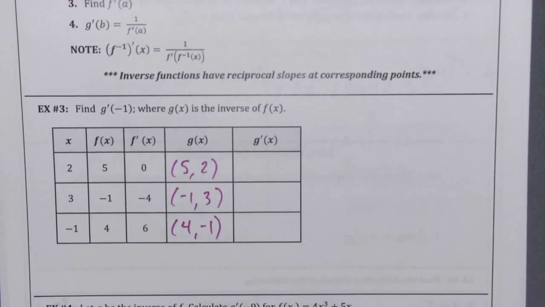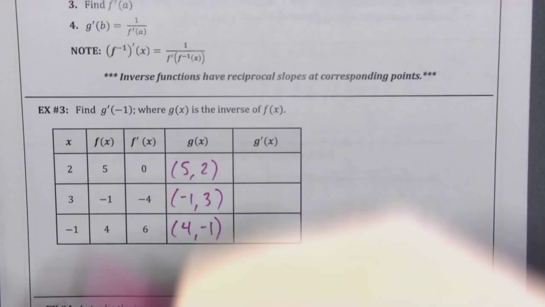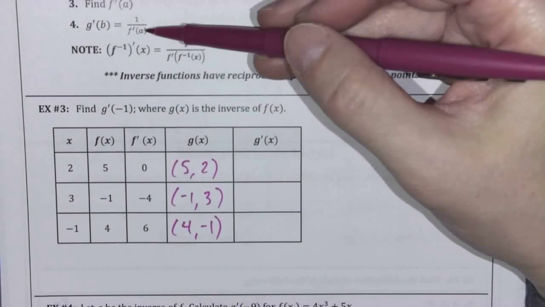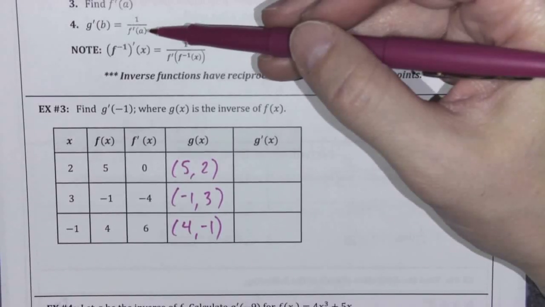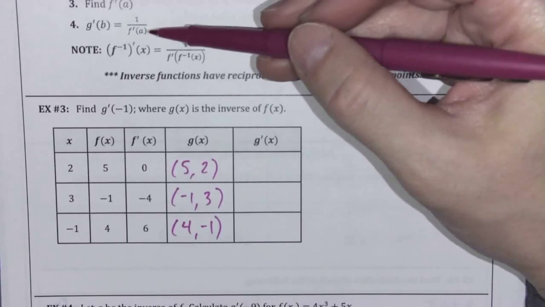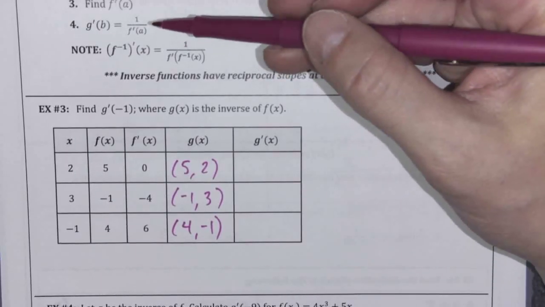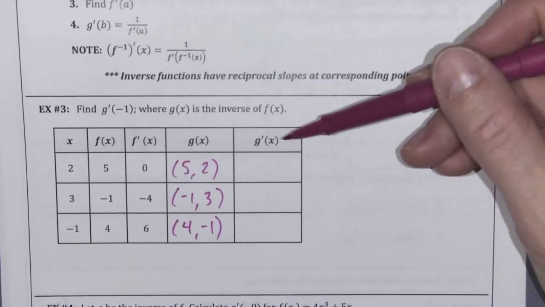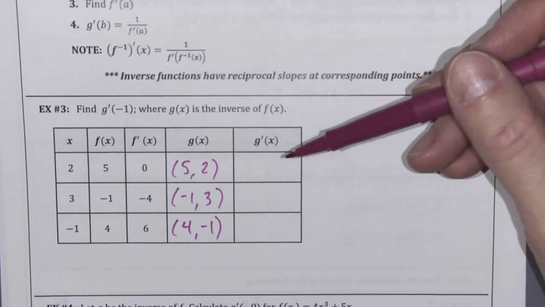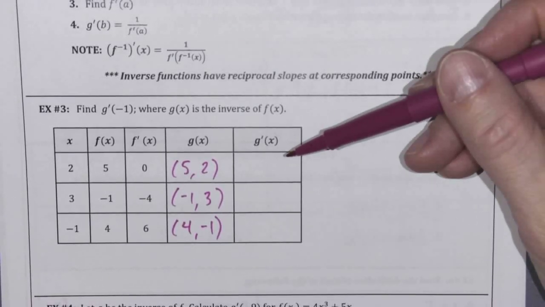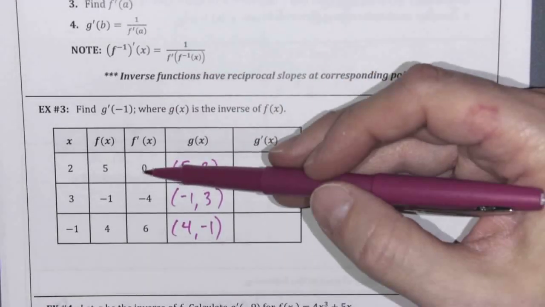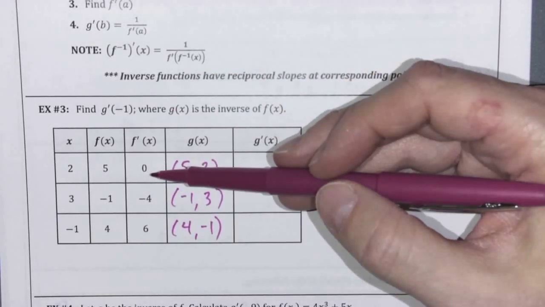Now if we want g prime, what we're saying is that it is 1 over the derivative of the original input. So if I want g prime of 5, I take 1 over this guy.